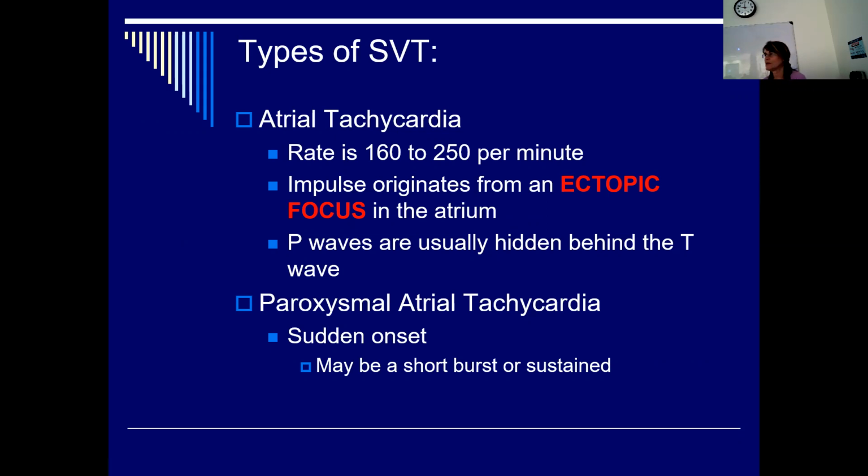How come it can't start from the SA node? Very good. So somewhere in the atria is initiating all these impulses. So that's the ectopic focus. And we don't see the P waves. What does paroxysmal atrial tachycardia mean? Sudden onset. Very good. It might be a short burst or stays in SVT.